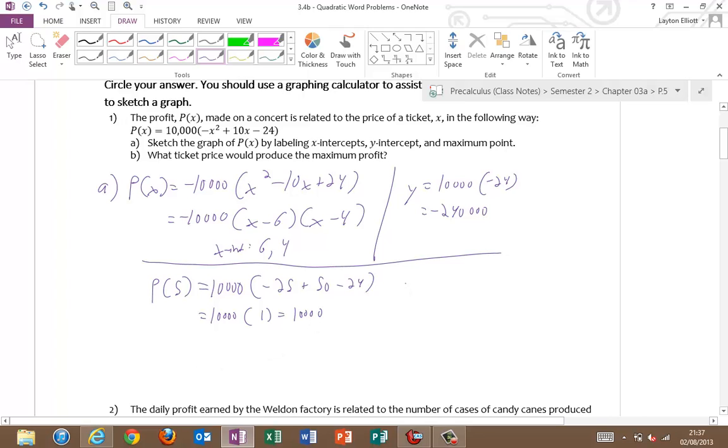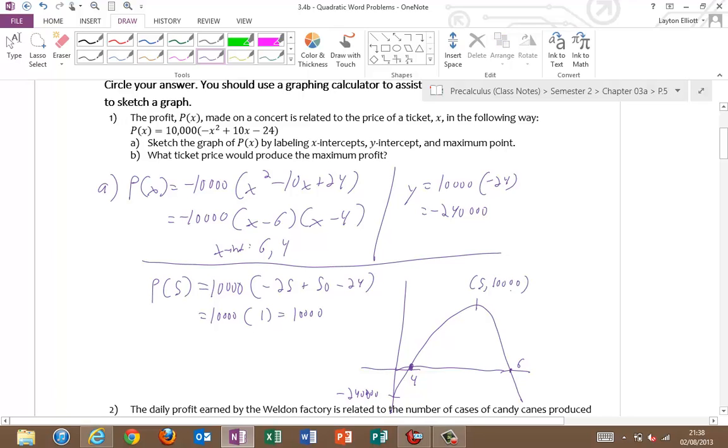So if I put all this together into a little sketch, as best I can, I know that somewhere down here at negative 240,000 is my y-intercept. Now this isn't necessarily drawn to scale, but it's going to come up and come back down. This occurs at x equals 4, this occurs at x equals 6, and this is the ordered pair 5, 10,000.